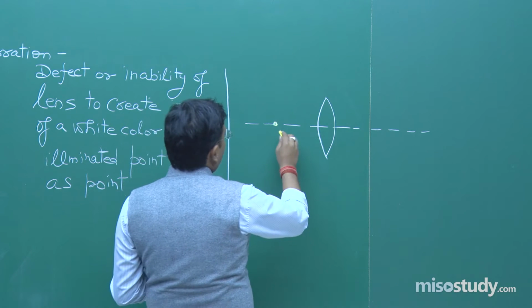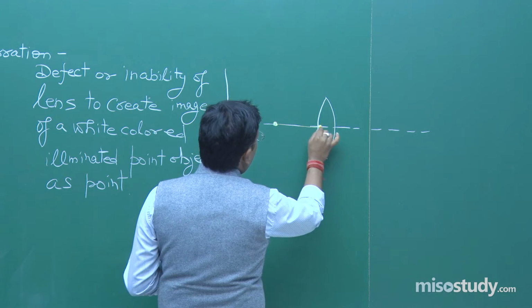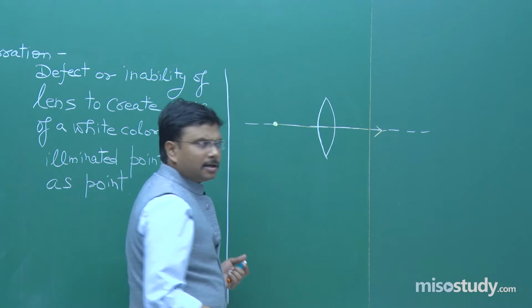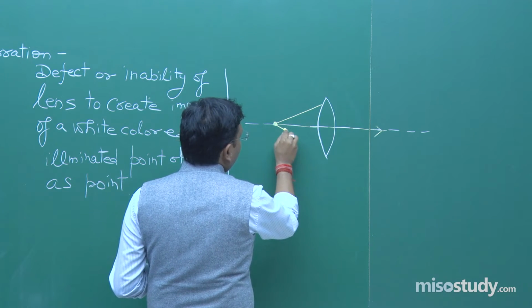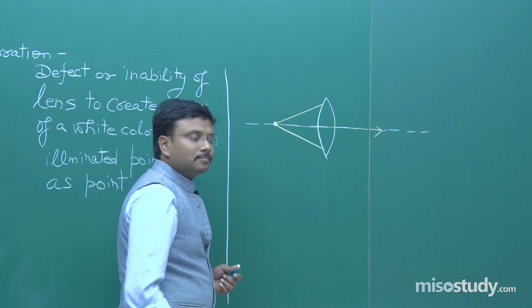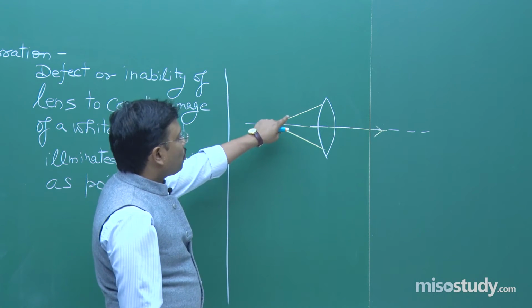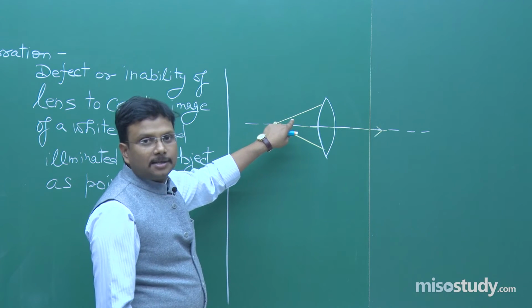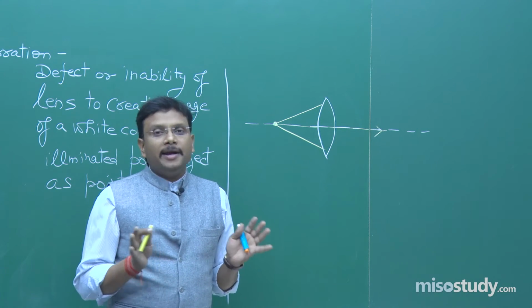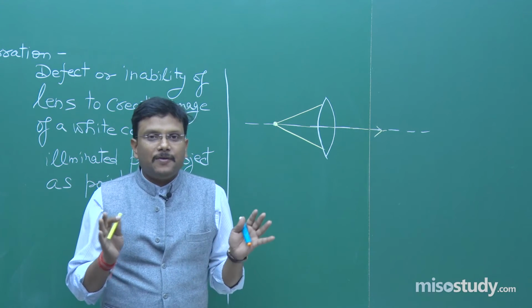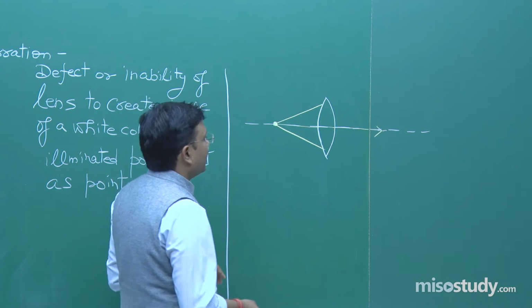Obviously, one ray will pass through the axis undeviated, another ray will pass from here, another from here. If it is a white light illuminated object, white light is not monochromatic, it is a combination of many wavelengths, many colors.